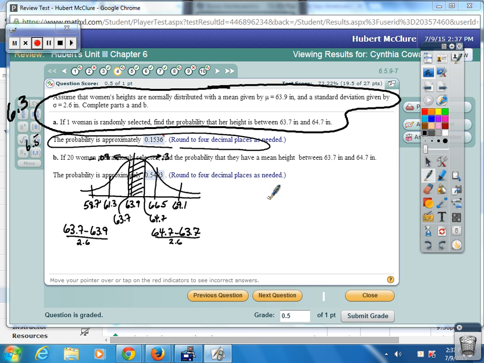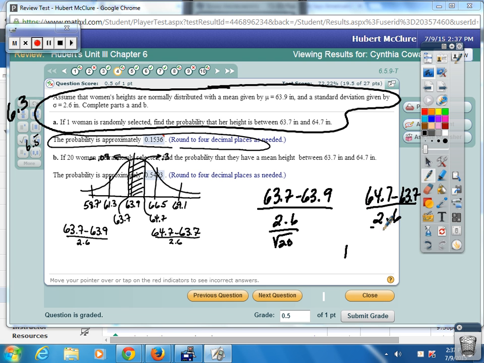You're going to say 63.7 minus 63.9 divided by 2.6 divided by the square root of 20. And then you're going to do the same thing with the other one: 64.7 minus 63.7 over 2.6 divided by the square root of 20. And the square root of 20 is 4.5.